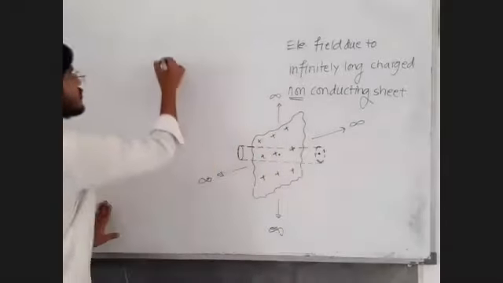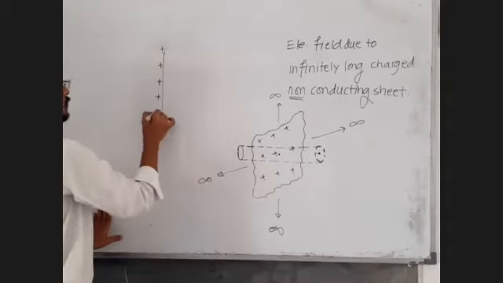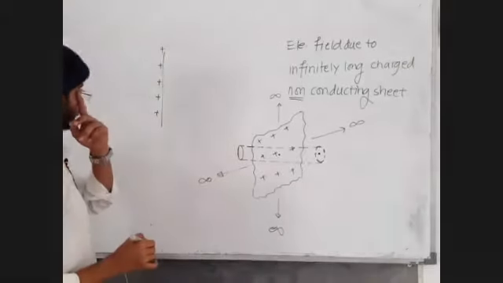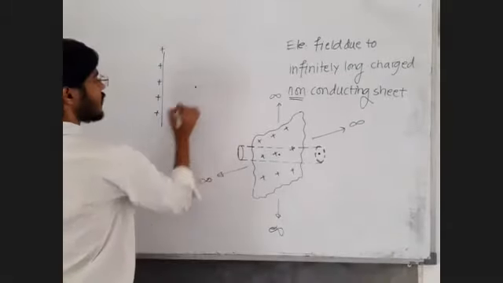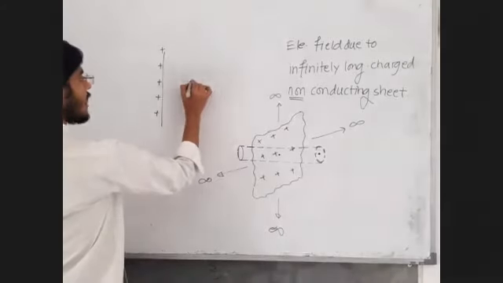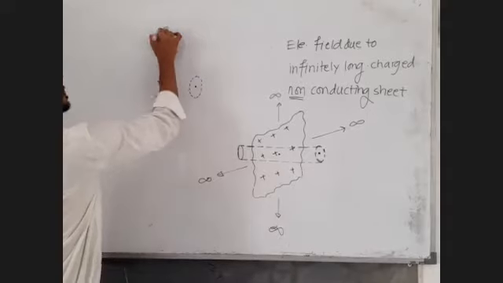Okay, if this is the sheet, two-dimensional view, 2D view, this is the 3D view, this is a two-dimensional sheet. At this point I want to find out the electric field intensity, so I have imagined a Gaussian surface like this. This extends up to infinity.